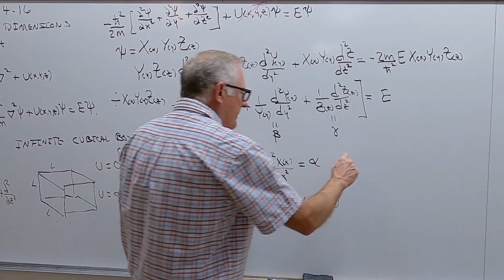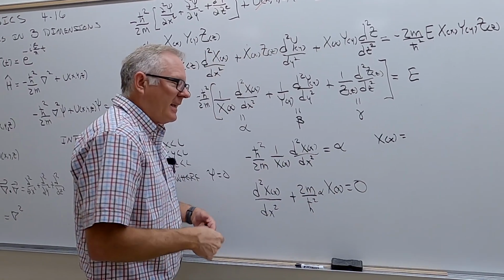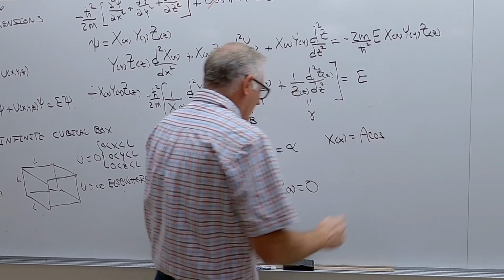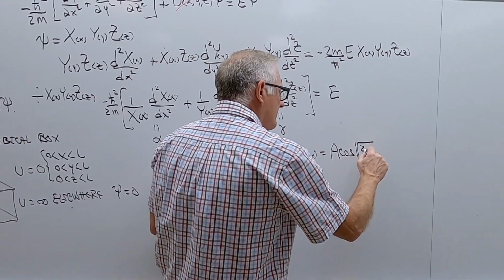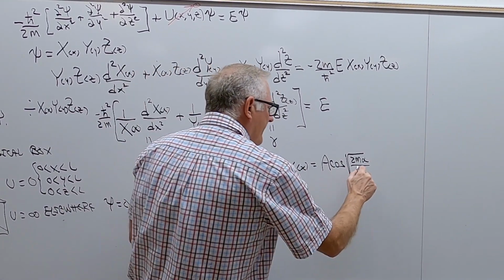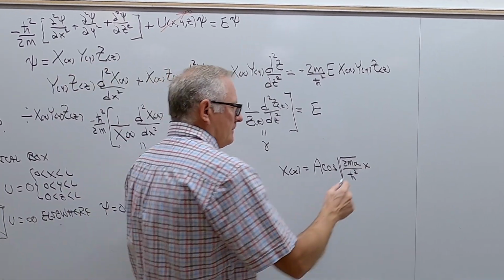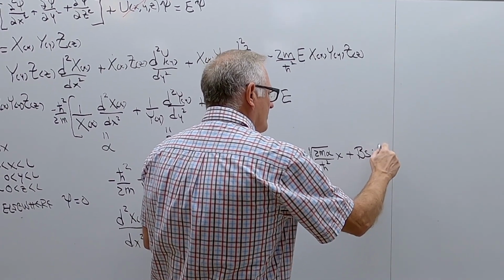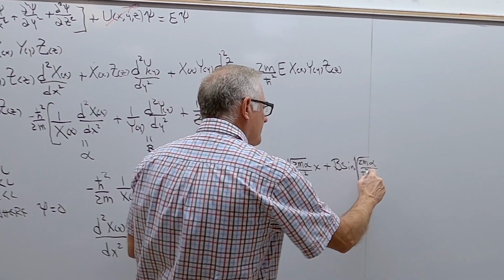What was the solution right here? Well, our X sub x ended up being some constant A cosine of the square root of 2m alpha all over h bar squared x, plus B sine square root 2m alpha all over h bar squared x.